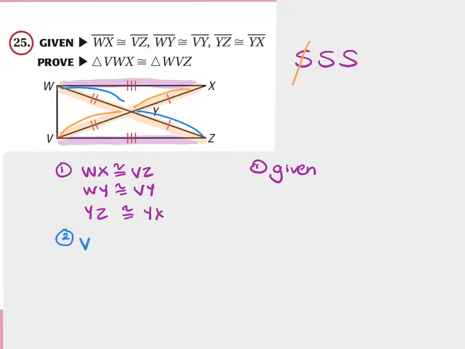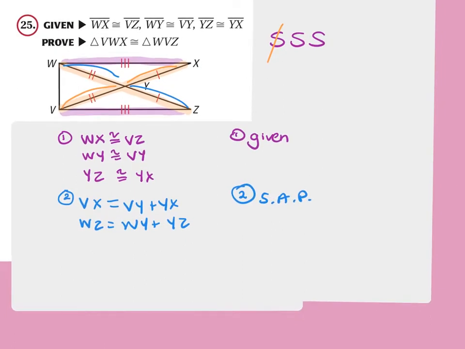So I have to say that VX equals VY plus YX. And I have to say WZ equals WY plus YZ. And what did we say that is? Segment addition postulate, when the sum of the two parts equal the whole. Then I already said that individually they are equal to each other.